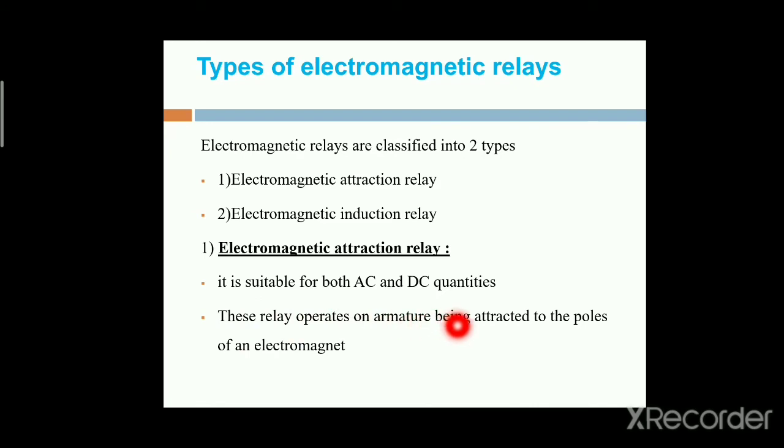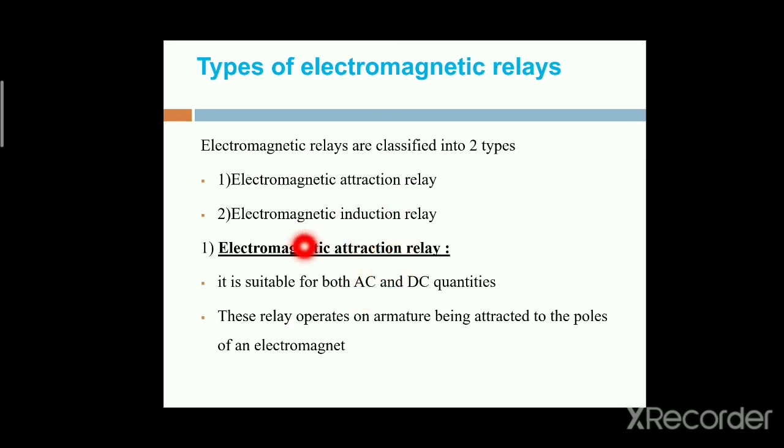This relay operates by an armature being attracted to the poles of an electromagnet. This is the attraction principle. Electromagnetic attraction means the armature is attracted to the poles.